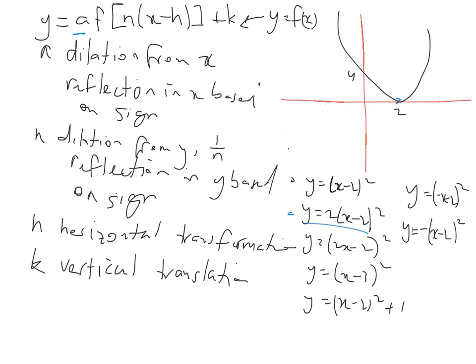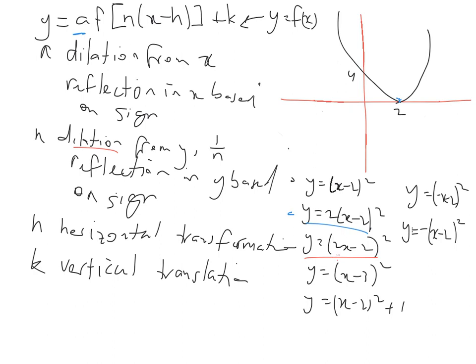Now, if we've got a 2 in front of the x, that's our value of n, like we've got there. Then what will end up happening, and I'll just get rid of that other graph, there we go. So we're looking at 2x minus 2, all squared. What that is, is a dilation in y, so it compresses horizontally. So basically, all the x values get halved, or they're reduced by a factor of 1 on 2.